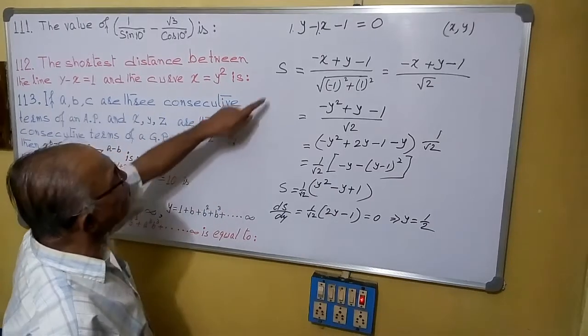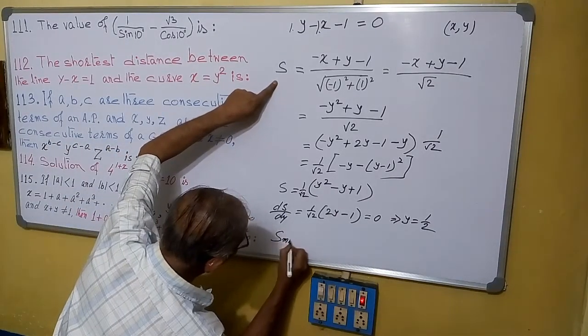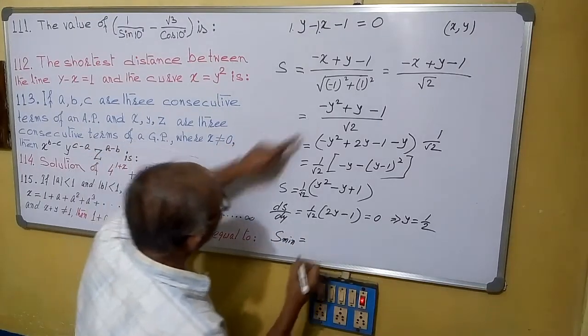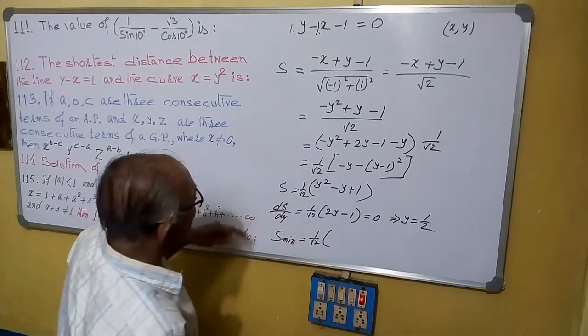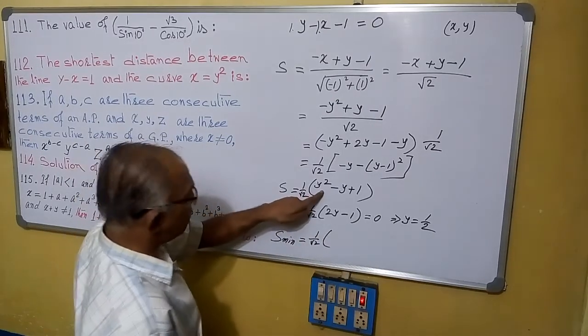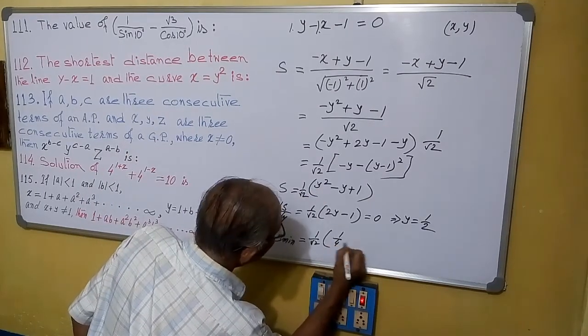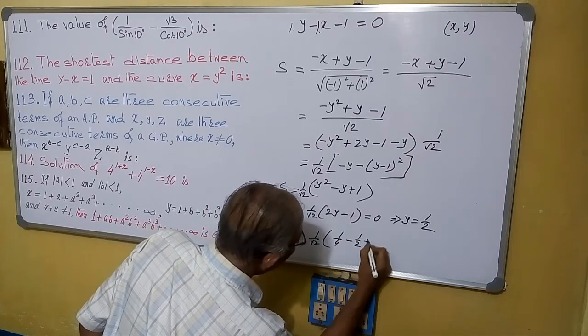So now we can put the value of S. So S minimum equals to 1 by root 2, here y square is 1 by 4 minus half plus 1.